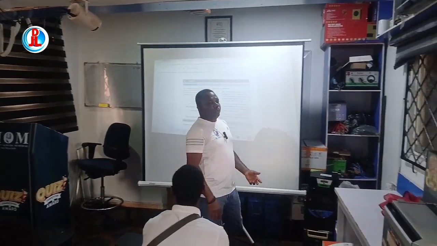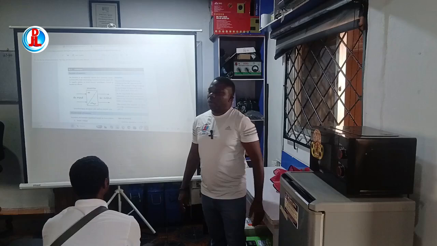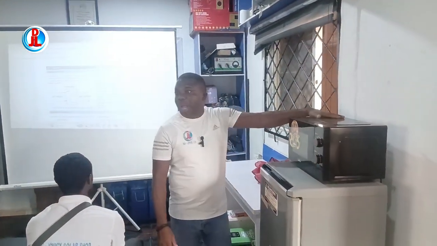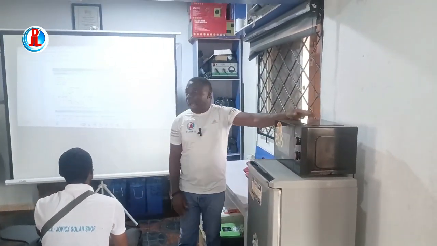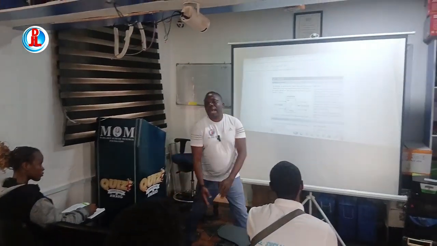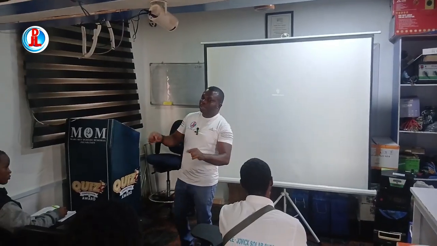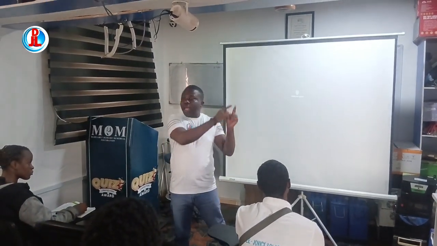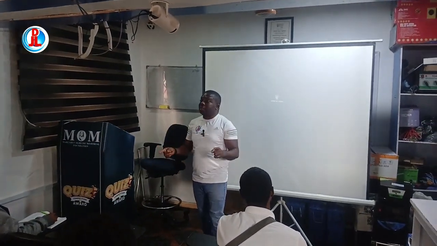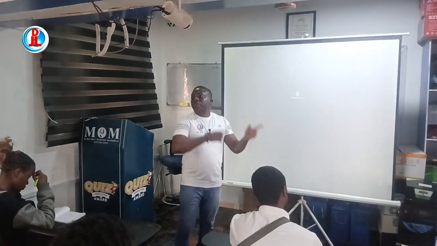We cannot afford to put our panel plug on this and expect it to work. We cannot afford to put our battery plug on this and expect it to work. That is where you see people asking the question, is it an AC or a DC? An AC because it needs an inverter, an AC because it can work directly with an inverter, a DC because it needs an inverter to work.